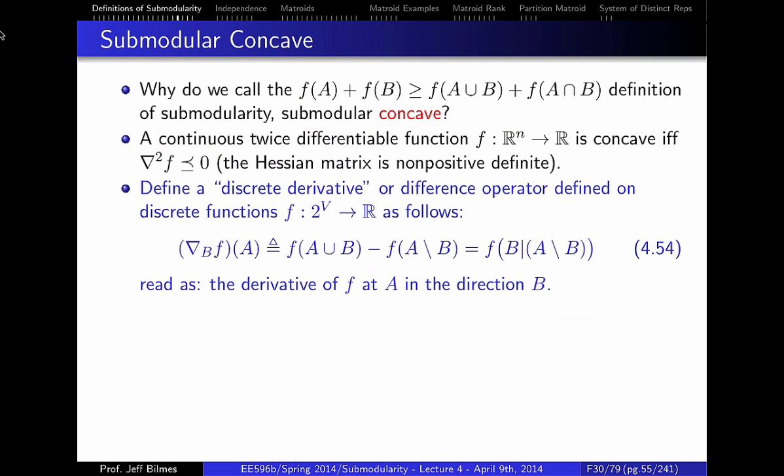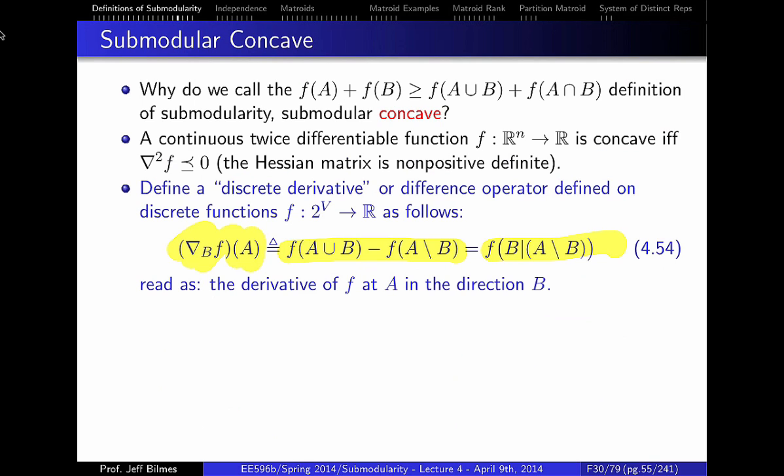So if we were to define gain as a derivative, in some sense a discrete derivative, it's like the derivative of b evaluated at a, and it's equal to this difference. And we can actually write it as f of b given a except for b. So in other words, it allows for a and b to intersect, it allows for anything to happen.